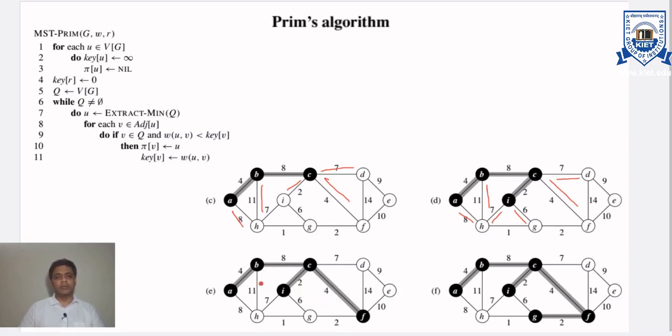There is no explicit check whether a newly considered edge is going to make a cycle or not. But the implicit check is that we are going to consider only those edges which are not already selected. So that implicitly makes a check that a newly considered edge is not going to make a cycle.